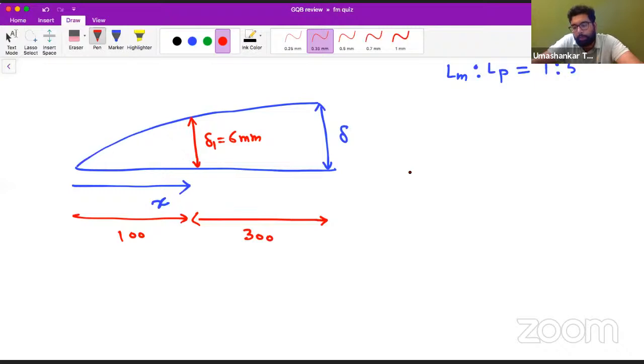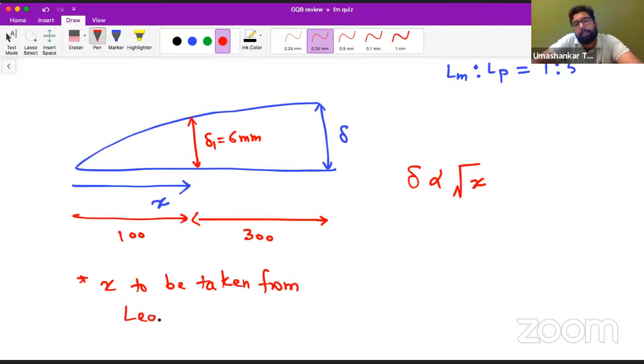Now if you remember, delta is proportional to root x, but remember this x is always to be taken from the leading edge, which means it is to be taken from here. Are you getting my point?